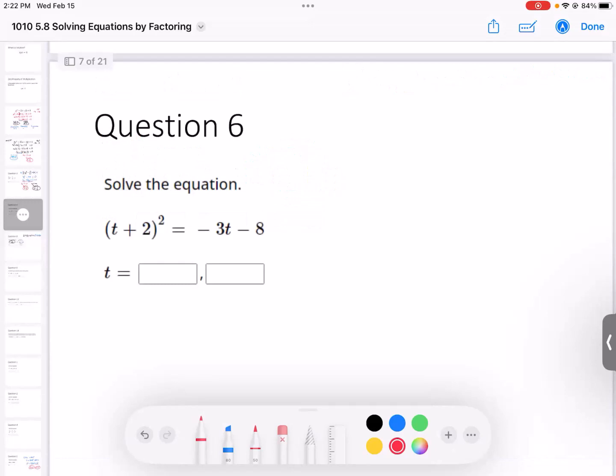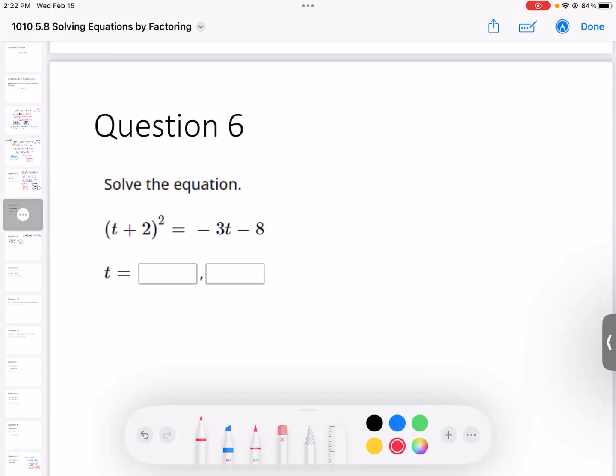And that would be the same case on this one. So you would do t plus 2 times itself twice, FOIL that out. You still have to move everything over though, right? Yeah, move everything over so it's equal to 0. Yeah, that's the only way you can get the like terms, right? Yep. And if it were me, I would expand it and FOIL it first and then move everything over.